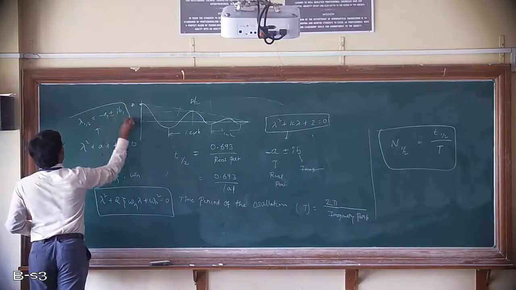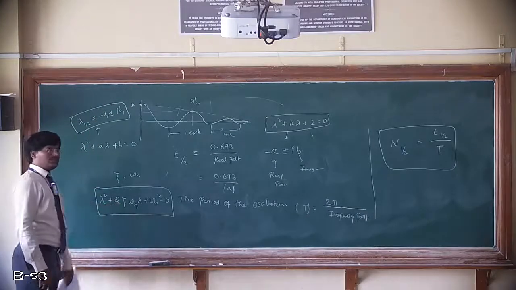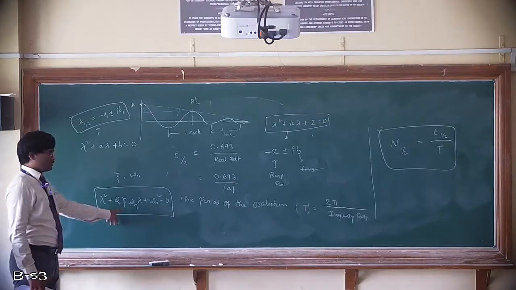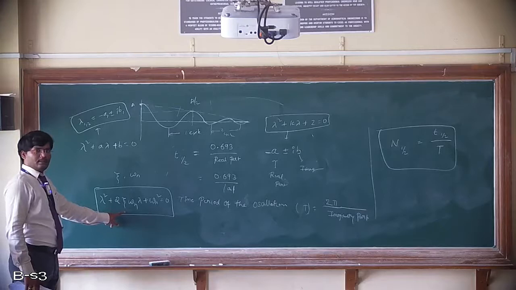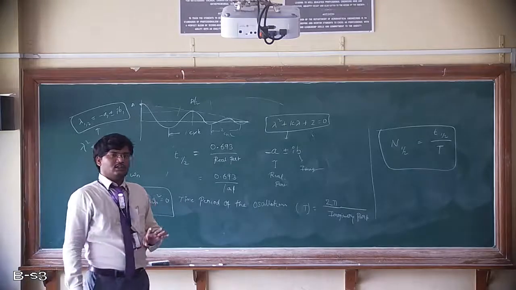So if you solve this, you are getting lambda 1, 2 as minus a plus or minus ib, or minus a1 plus or minus ib1. Roots you are getting like this. What about the roots of this equation?